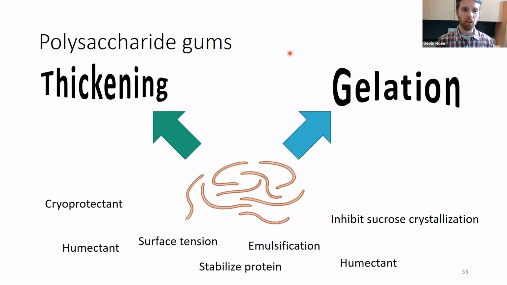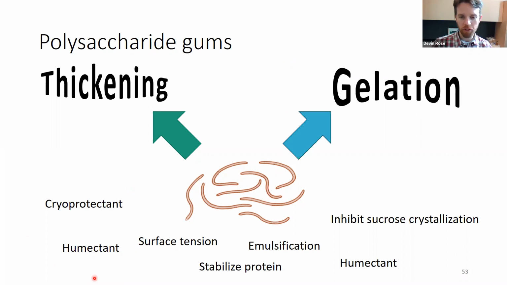They generally are a lot more efficient though. Whereas with starches, you may need 5 or 10% starch in order to get a really thick product or a gel, with polysaccharide gums, you generally need 1% or less.